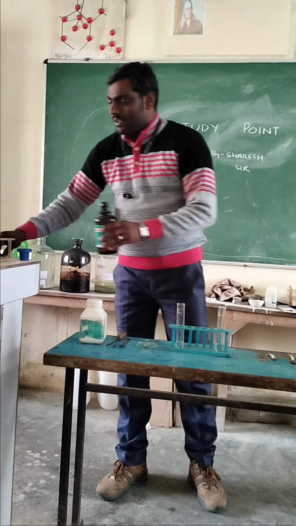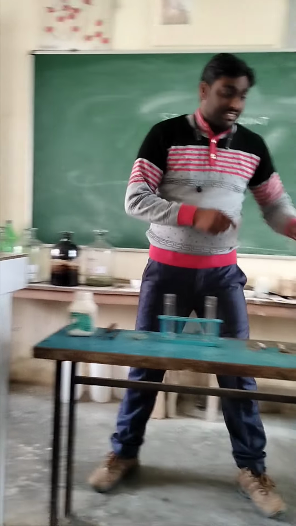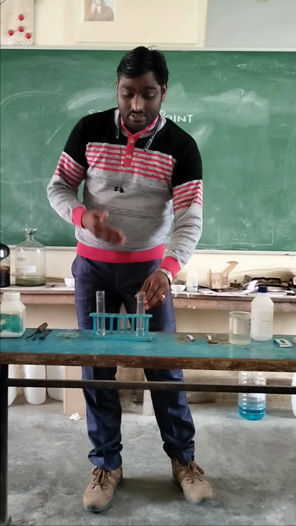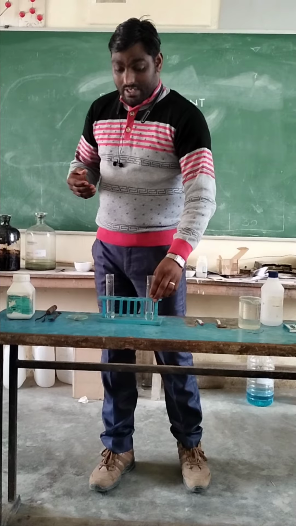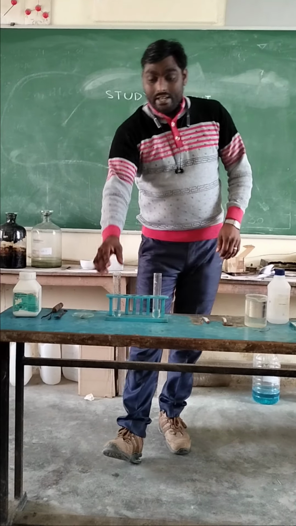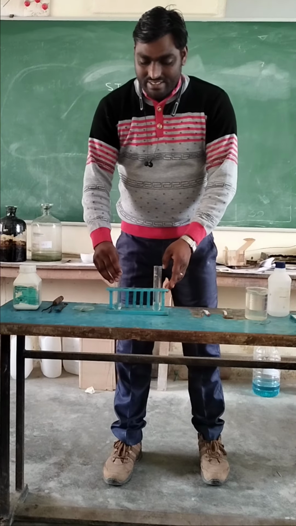As we know, alcohol has an alcoholic smell, while the acetic acid has a vinegar-like smell, just like the vinegar we use as a food product, and the alcoholic smell is quite pleasant as compared to the smell of acetic acid.